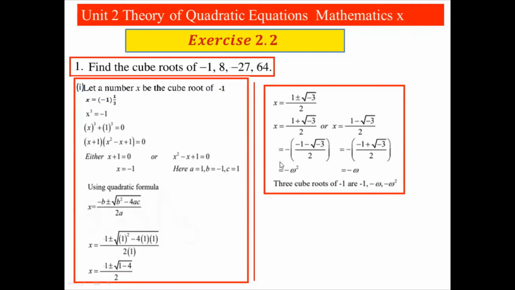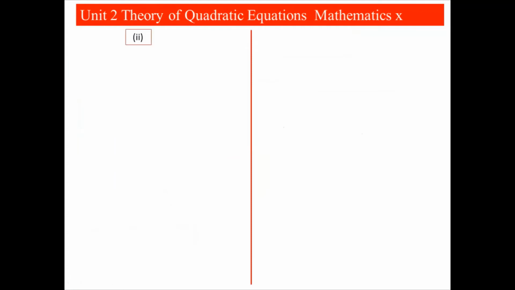So here x is equal to minus omega square, and here x is equal to minus omega. So the required 3 cube roots of minus 1 are minus 1, minus omega and minus omega square. Part 2.